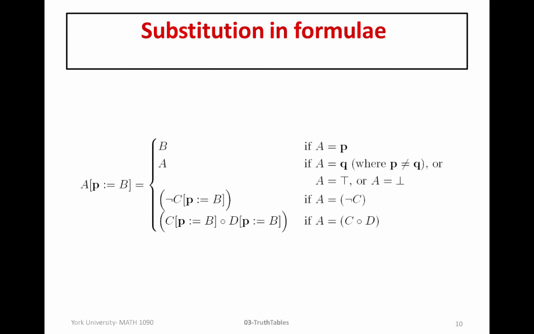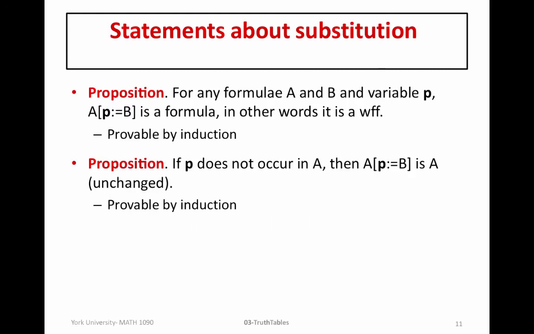This leads us to two very important statements. The first one is essentially that for any formulas A and B and Boolean variable P, the substitution we've performed is in fact a well-formed formula. This is proved by induction in the textbook.